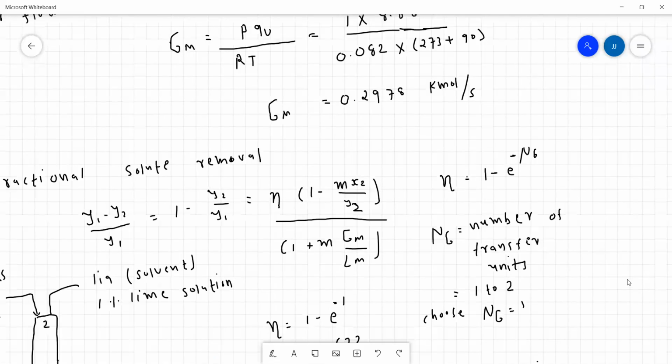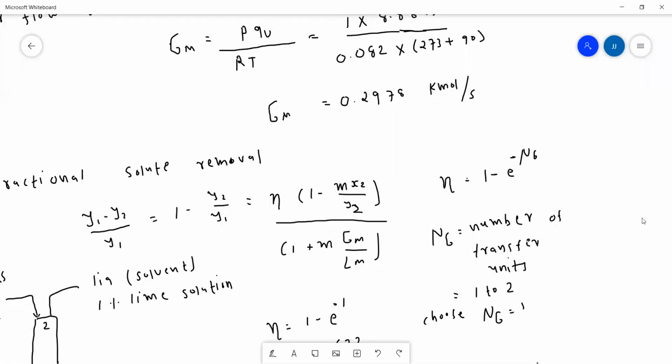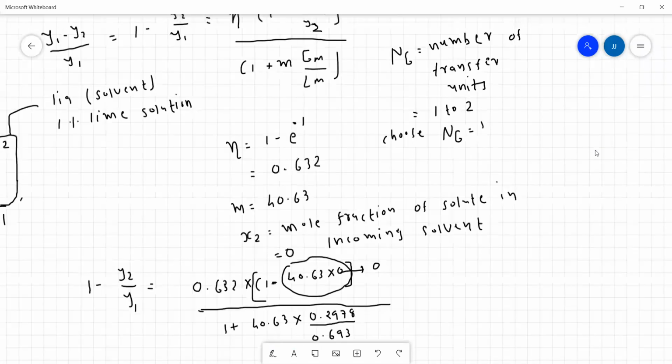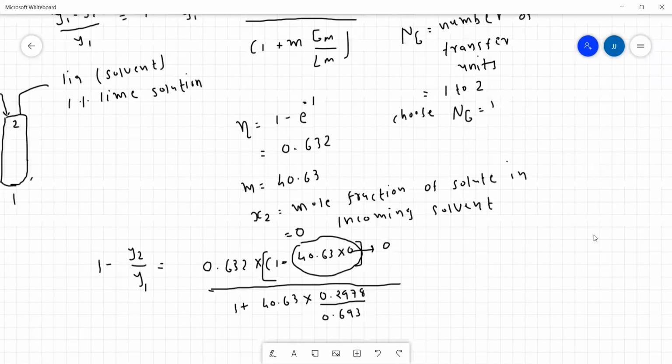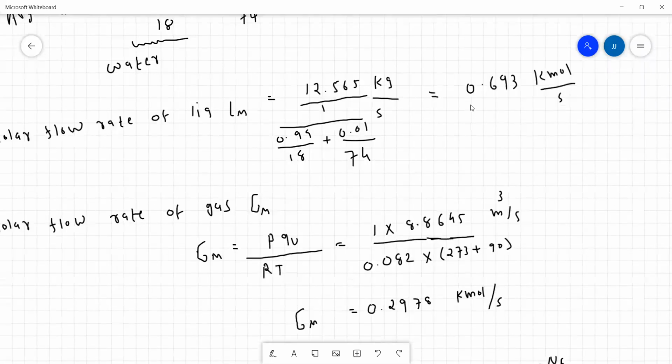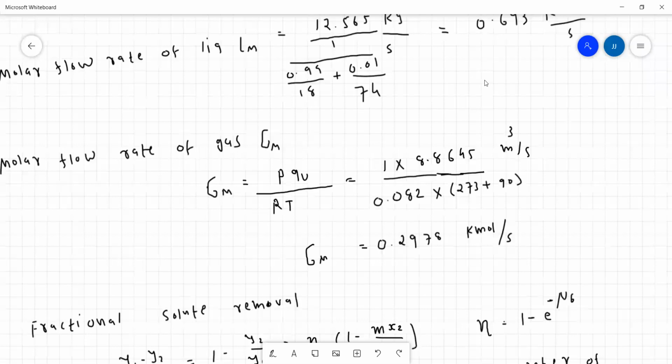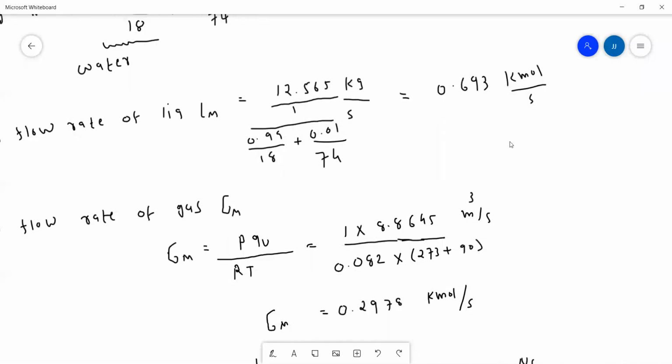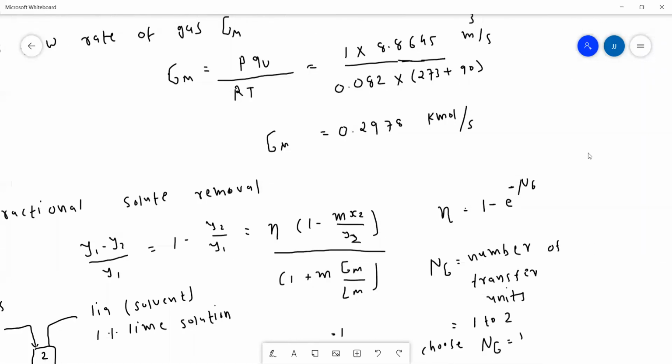We already calculated Gm, Gm is 0.2978, and Lm is 0.693.